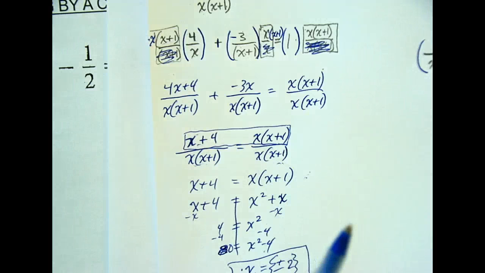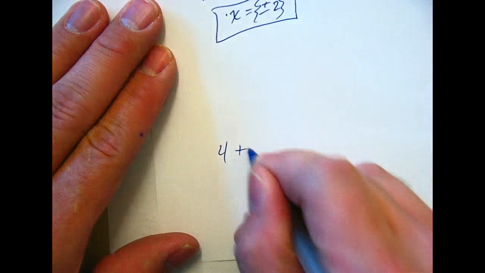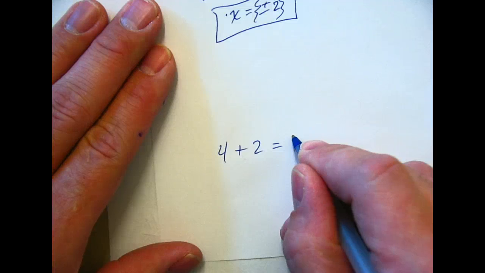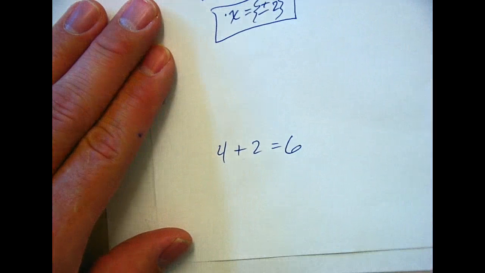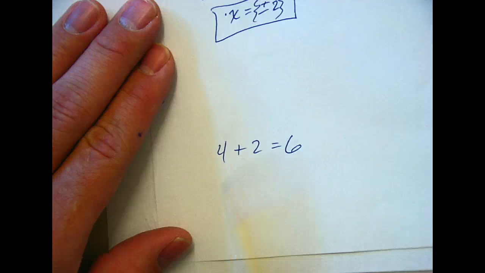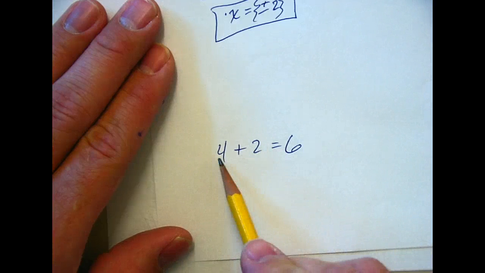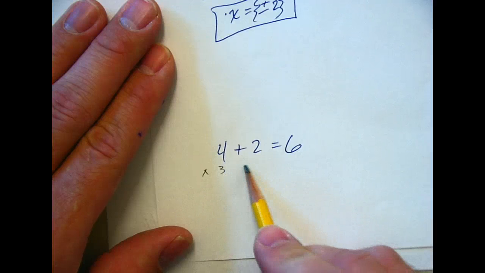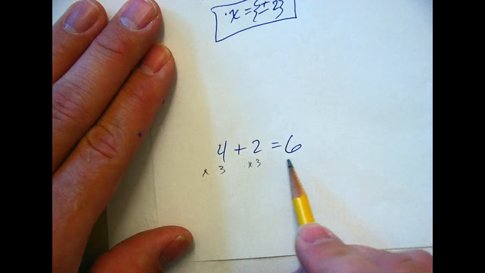It's like if I took an easier problem and said, I have 4 plus 2 equals what? 6. And I say, I want to make that 3 times larger, so now I'm going to multiply everything by 3, just like we did in systems, but I have to multiply everything by 3.